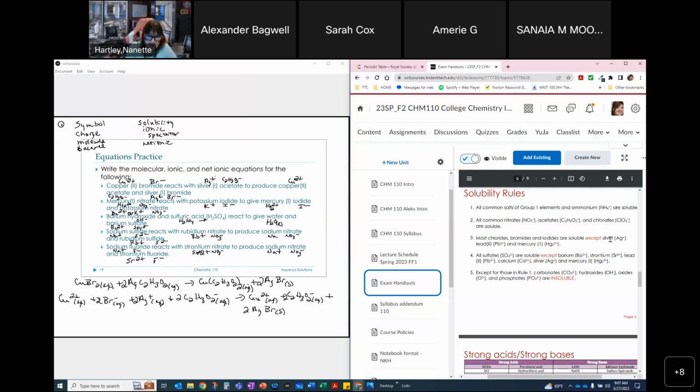Okay. Identifying our spectator ions. So what doesn't make that solid? Well, the solid's made by the Ag and the Br. So copper is a spectator, acetate is a spectator, copper, acetate. And so if I look at my net ionic equation for this, I can either write this as 2 Br- plus 2 Ag+ gives me 2 AgBr solid, because that's just copying everything I have written down.